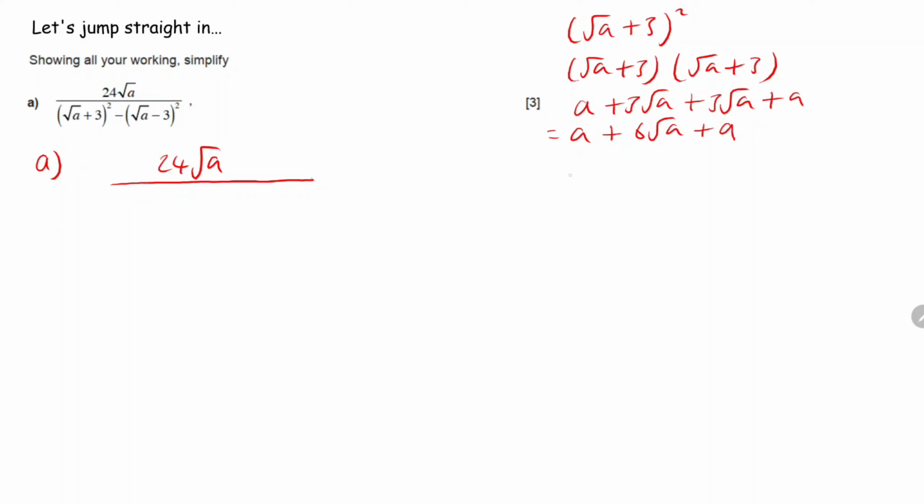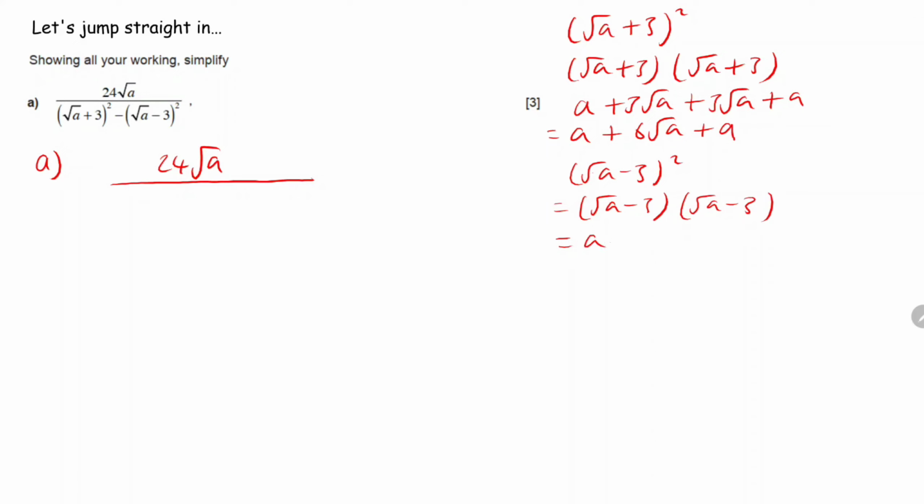Then we're going to simplify root a minus 3 squared, which is root a minus 3 times by root a minus 3. Root a times by root a is going to give us a.